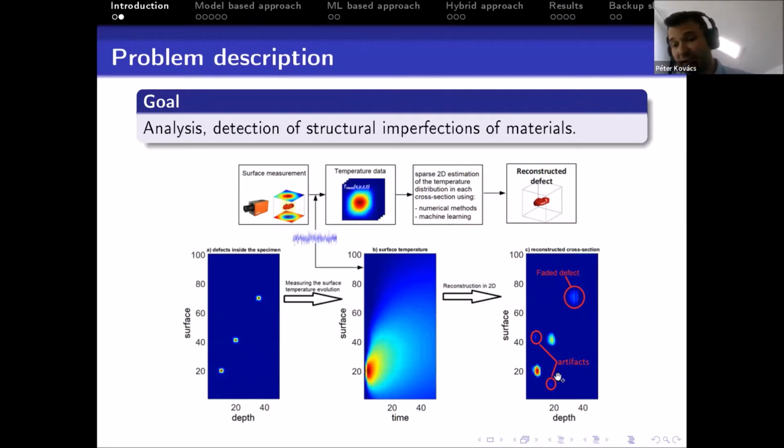And you can notice that defects close to the surface are easier to reconstruct with a higher accuracy, but as we go deeper inside the material, the accuracy degrades, and artifacts also appear on the reconstructed image. So the goal of the research was to increase the accuracy even for deeper defects and reduce the artifacts on these images.